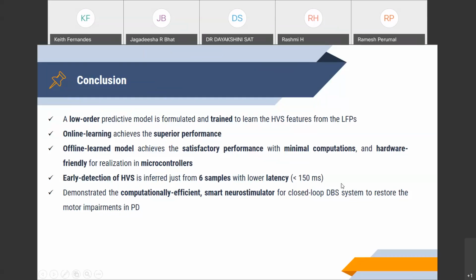So finally, this proposed algorithm could fit the requirements of a smart neurostimulator to realize the closed-loop DBS system. With this approach, we can suppress the high voltage spindles, which may help to relieve the motor symptom impairments in Parkinson's disease.